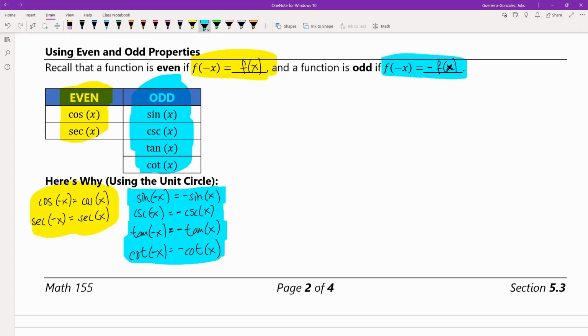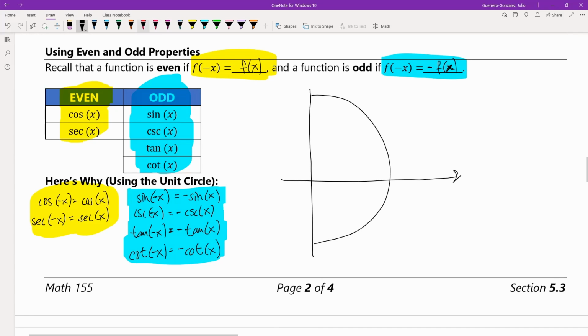Okay, so now the question is this. Why? Why is that the case? That's easy enough if you look at the unit circle. So I'm going to only draw half of the unit circle, the right side in particular. Okay, so here's the unit circle. Bam. All right.